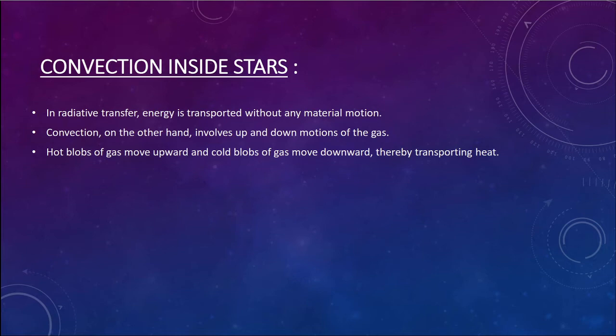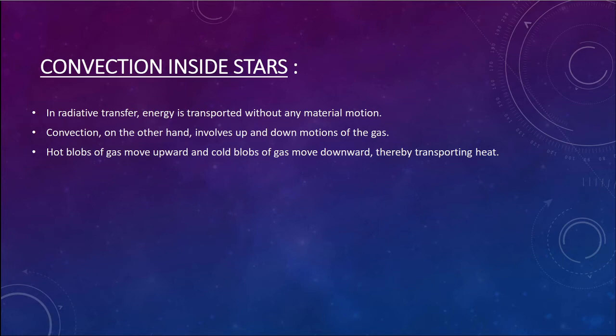We don't see the body itself moving to transfer the energy. But what happens in convection is that the body that is carrying the energy moves forward or upward in any direction, and it correspondingly transfers the energy.